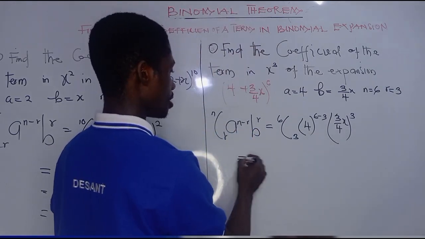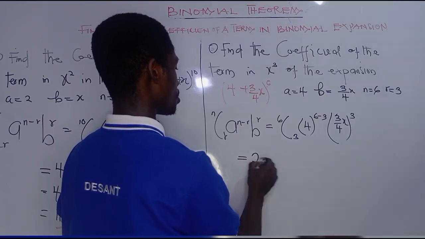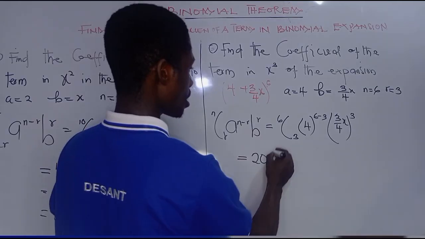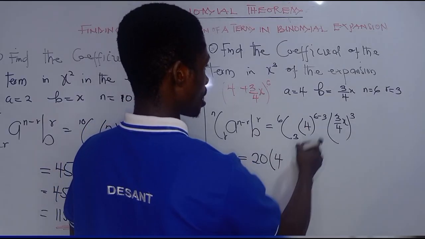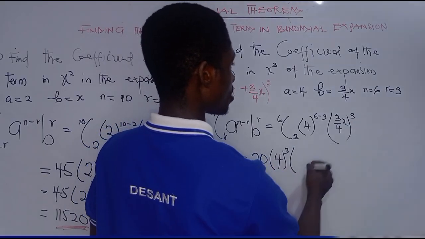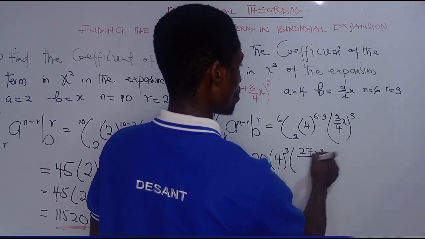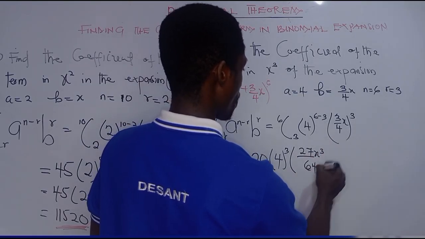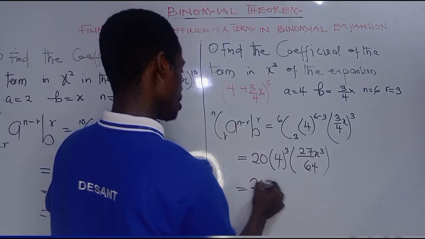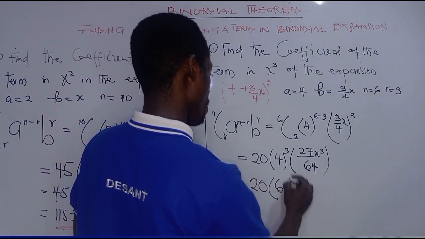Very, very easy. So let's do the algebra. 6 combination 3 will give you 20. You can use the calculator or do it manually. And then we have 4 raised to the power 3, and 27x power 3. 4 raised to the power 3 will give you 64.